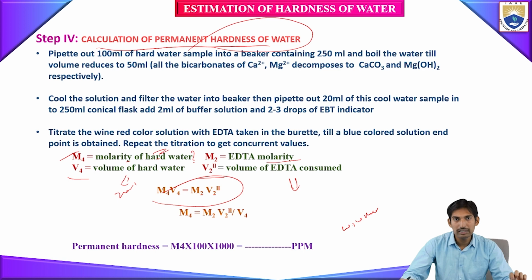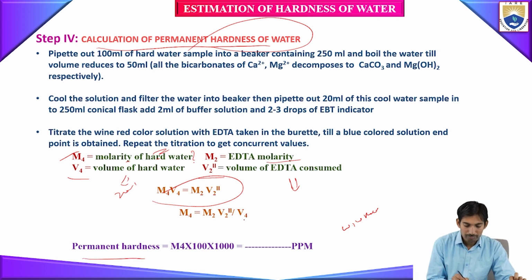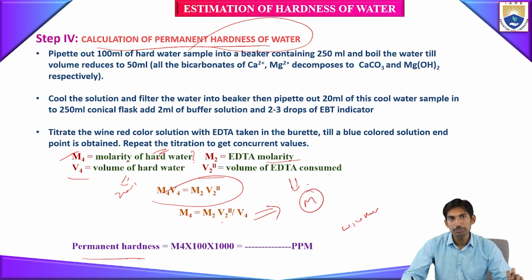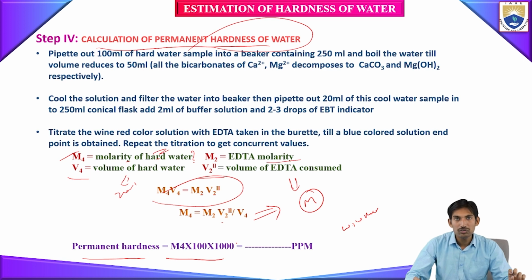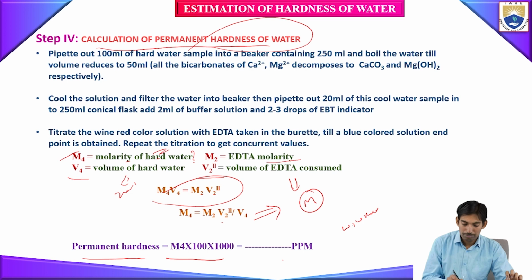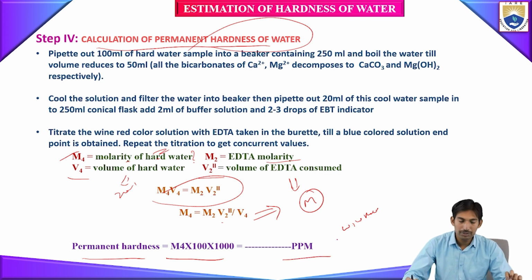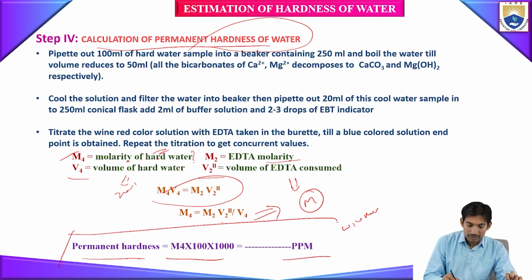Because by boiling we have already removed the temporary hardness. So first we get the permanent hardness of water in molarity terms. Then we convert it into ppm by multiplying the molarity by 100 and 1000. The molarity is converted into ppm. In this way we got the permanent hardness.